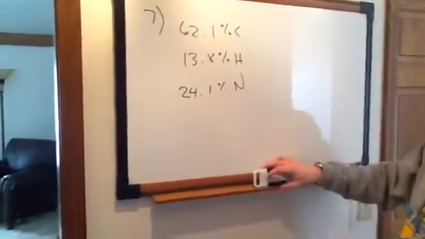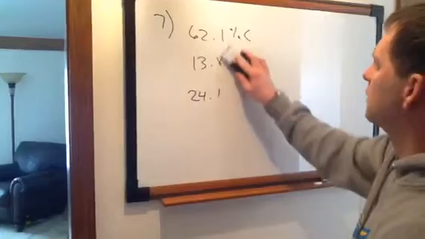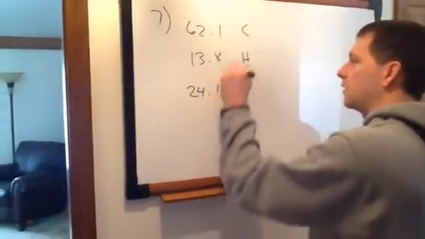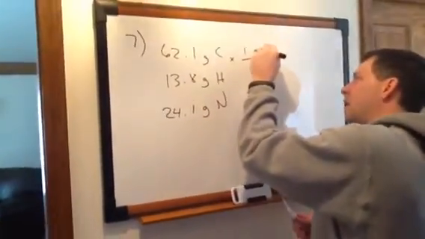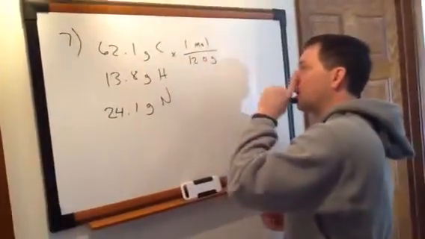Step 1, I'm not going to erase here because I don't have room. You would convert your percentages, just change them to grams. You probably do that on paper if you have it. Step 2 is to convert them all to moles. We know there's 12 grams of carbon in 1 mole.